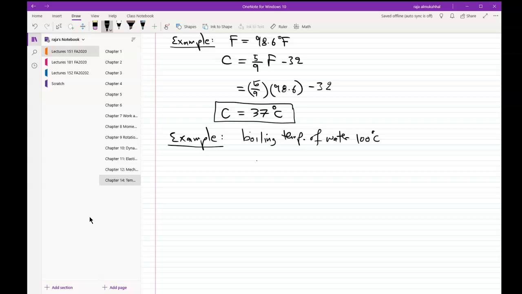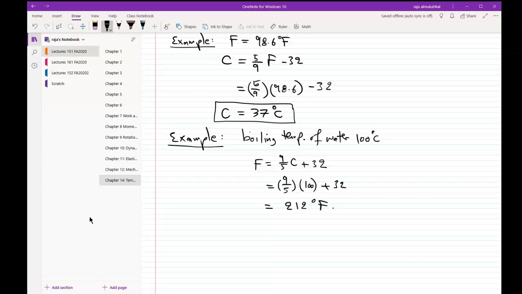So we know that F is equal to 9/5 C plus 32. And you just plug it in, so that's 9/5 multiplied by 100 plus 32. And when I calculate that, I have 9 divided by 5 times 100 plus 32, and the answer is 212 degrees Fahrenheit. And so on.